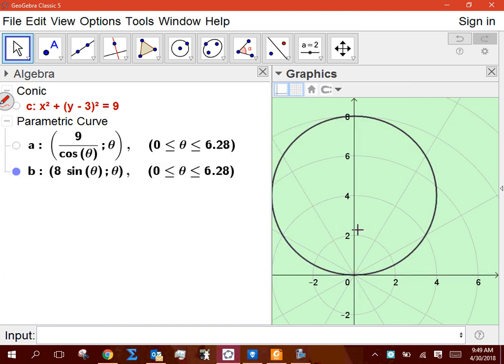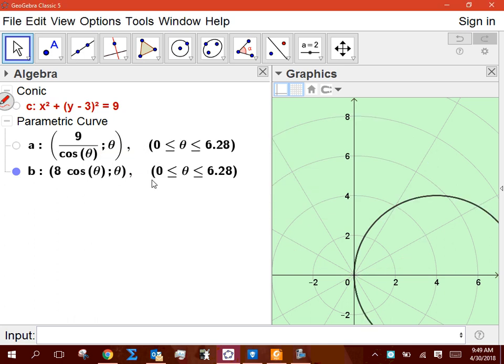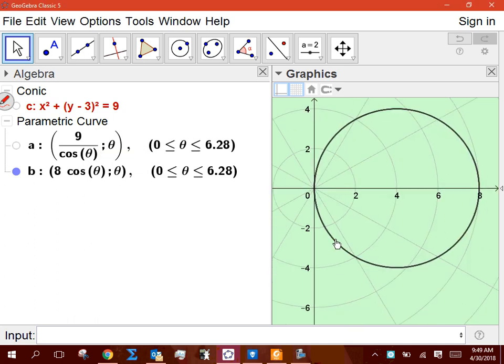Because it's sine, it's symmetric with the y-axis. If it was cosine, you see the relationship there, right? Simply put, it's just tangent to the y-axis now, symmetric with the x-axis.